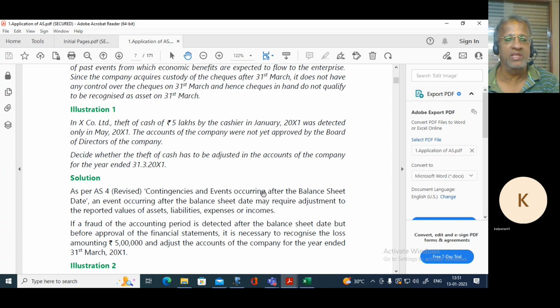Decide whether the theft of the cash is to be adjusted in the accounts for the year ended 31st of March 2021. See, now you can understand that it is something like a person who died of cancer. But on 31st of March, the cancer was there, but you did not detect it. Your knowledge on the subject matter is no matter to decide whether the condition of the asset on that particular day was uncertain or not. Your knowledge, you are sleeping.